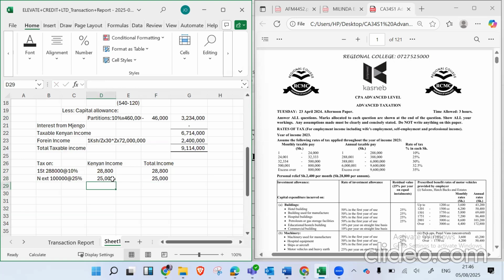Ya tatu inachukua mpaka 6 million. So from 388 to 6 million. Tukiangalia income yetu ya Kenya ni more than 6 million, kwa hivyo it's covered.